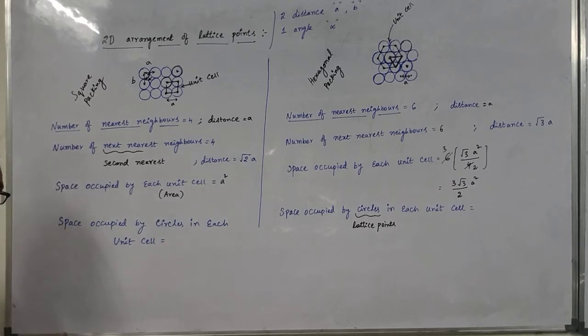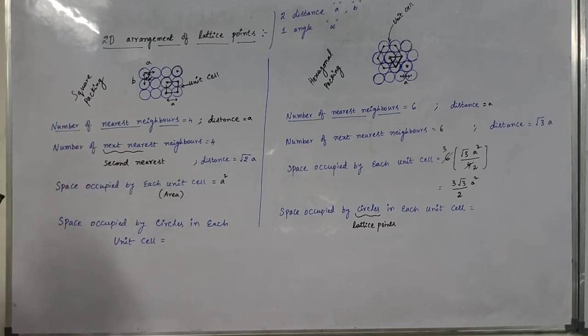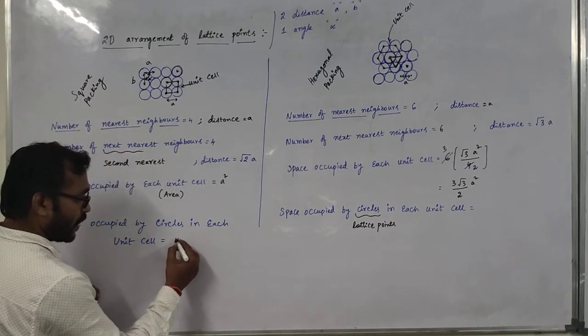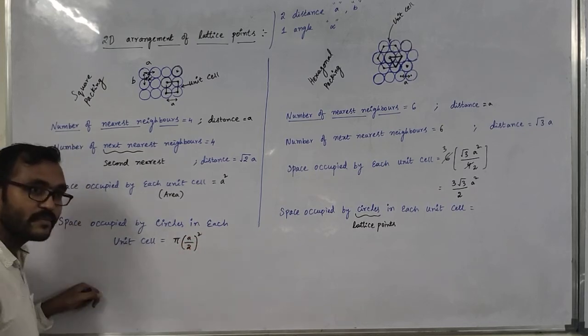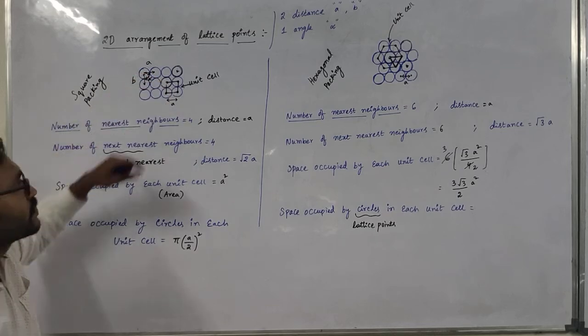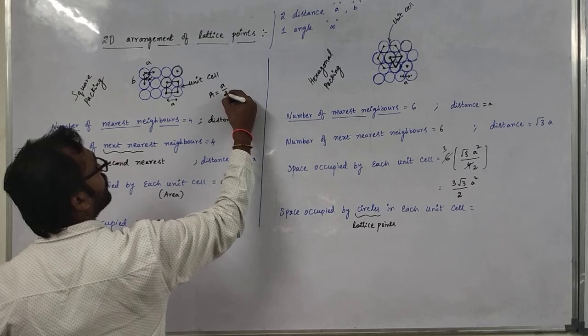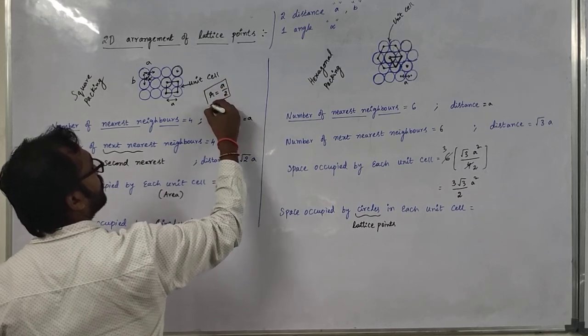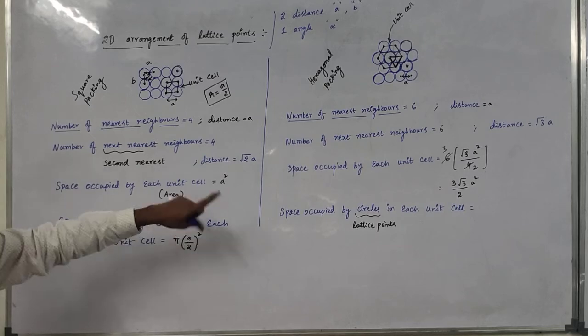What is the value of that circle? Area of circle is pi r square. Here the side is a, so the radius is a by 2. Instead of r square, I am writing a by 2 whole square.